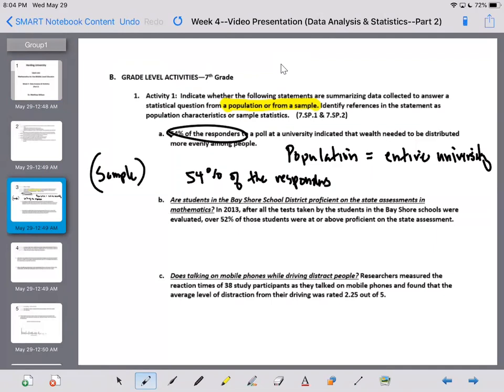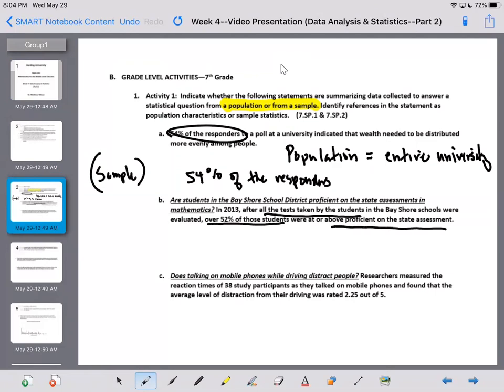Part B, are students in the Bay Shore School District proficient on the state assessments in mathematics? So in 2013, after all the tests were taken by the students, the Bay Shore schools were evaluated, and over 52% of those students were above proficient on the state assessment.